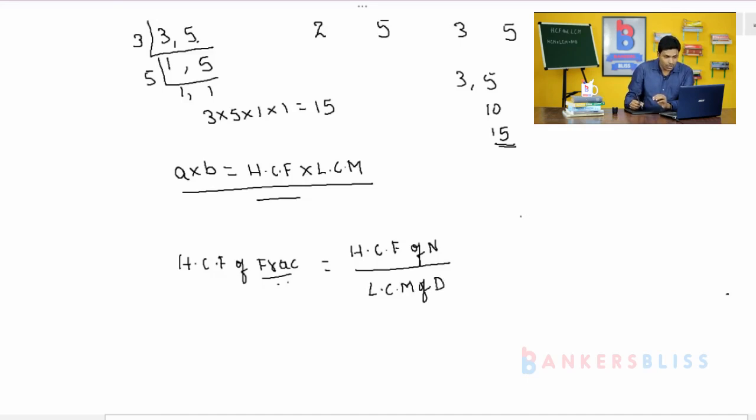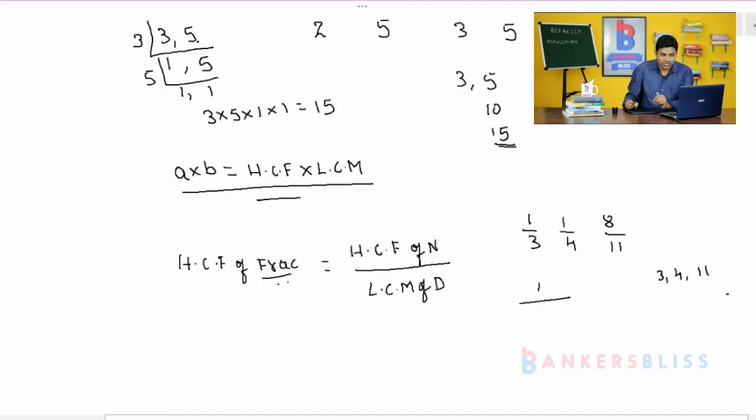For example, you have fractions like this: 1 by 3, 1 by 4, 8 by 11. Now, what is the HCF of the numerators? 1, 1, 8. Obviously, the HCF should be 1. And what is the LCM of the denominators? 3, 4, 11.